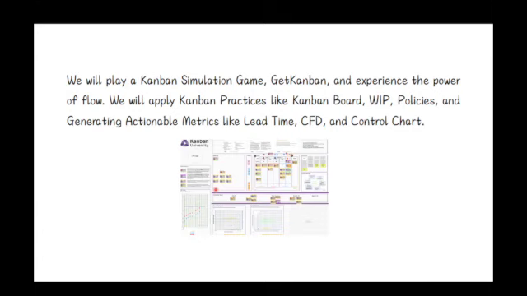So you have a chance to experiment with everything over here. You experiment with how to generate the metrics, the lead time distribution chart, and you will learn how to create a cumulative flow diagram.